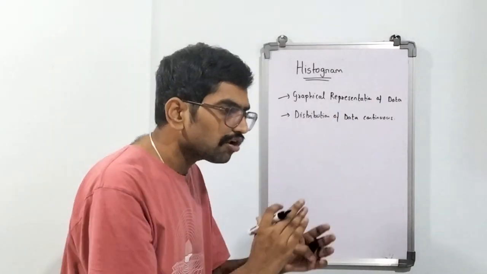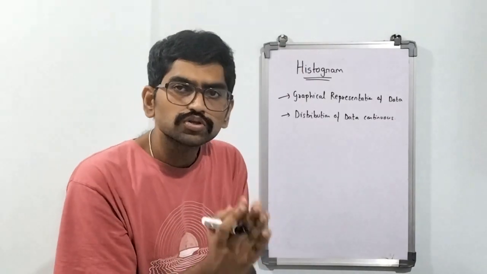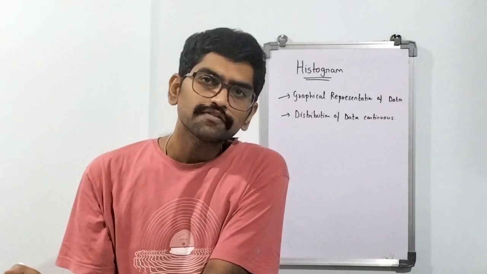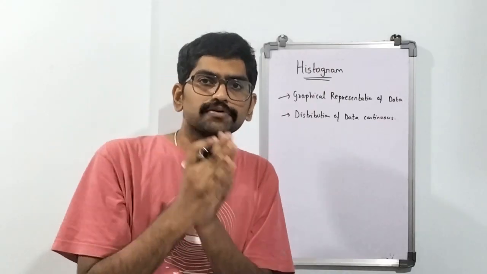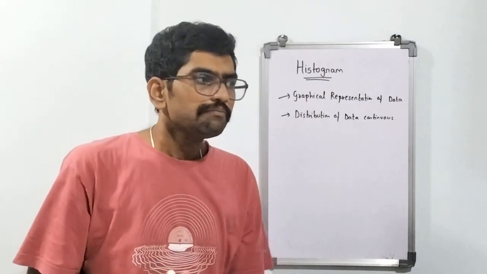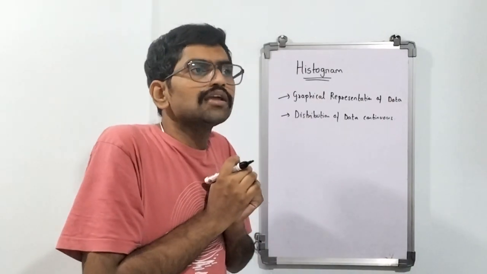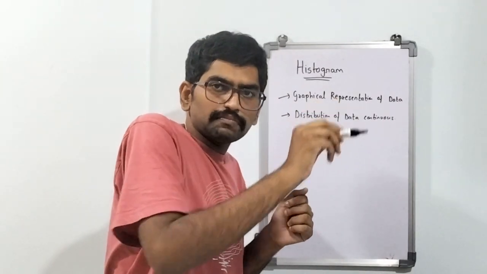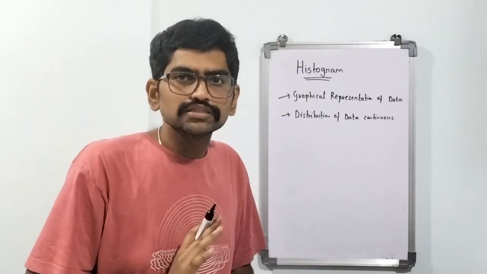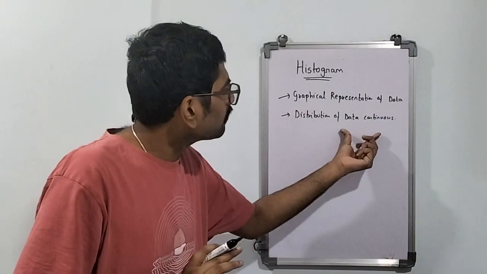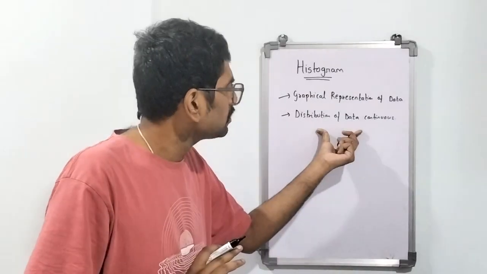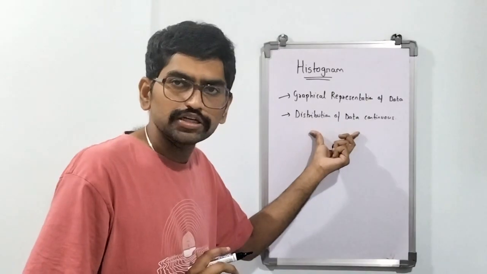It means, let's say, from 0 to 10, one particular value, some people are there. From 10 to 20, some people are there. The data is always in continuous form, not like separate bars you are making. So I will take one example to explain the meaning of continuous distribution of data.